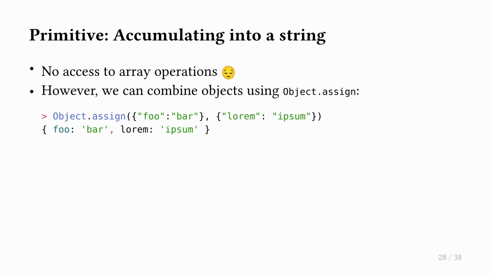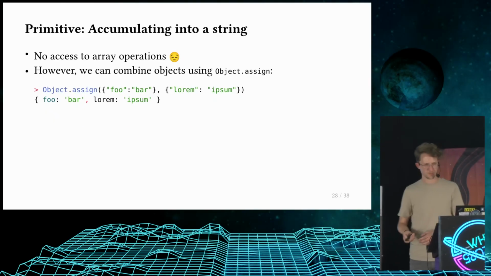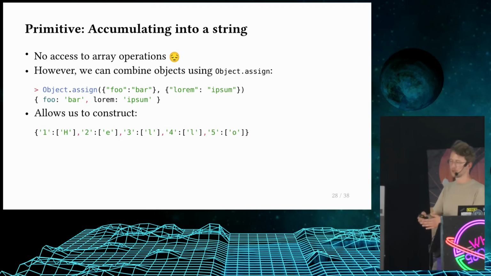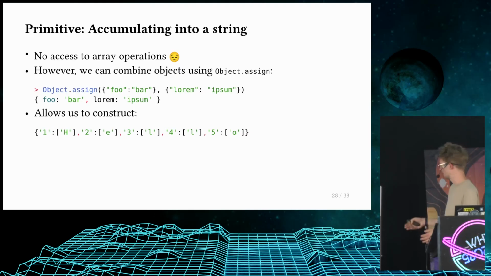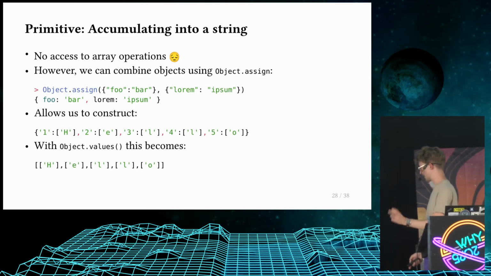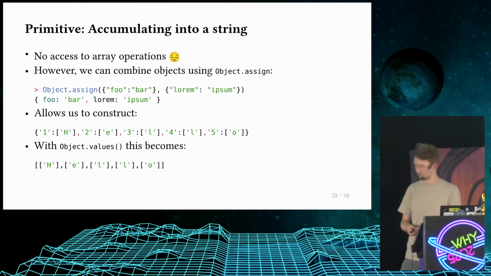And I found only one way to accumulate things in any way, which is Object.assign, which given two objects will merge them together. The trick I used is basically to create, with an increment counter in WebAssembly, unique keys, then assign all of the letters to unique keys, and then we can call Object.values on that again to get close to our string, if it's hello, for example.